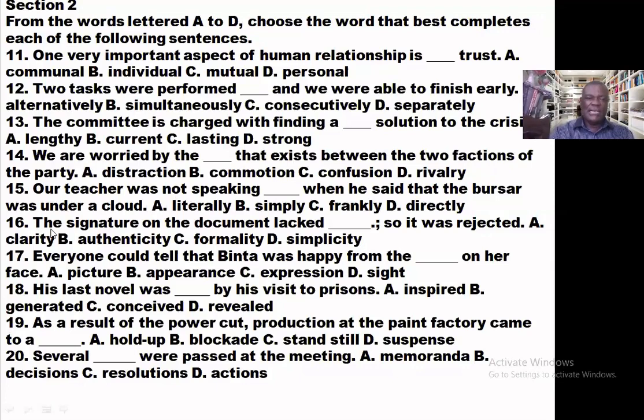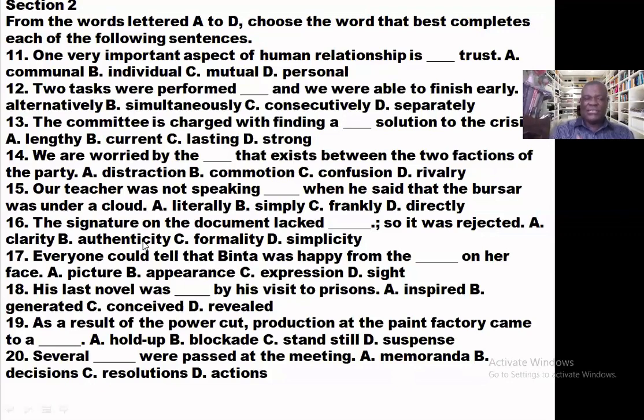Number 16, the signature on the document lacked dash, so it was rejected. A document is either genuine or fake. Option A is clarity. We're not talking of clarity here. The signature has to do with something more than clarity. B, authenticity, that's quite correct.